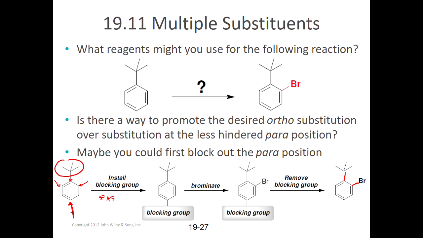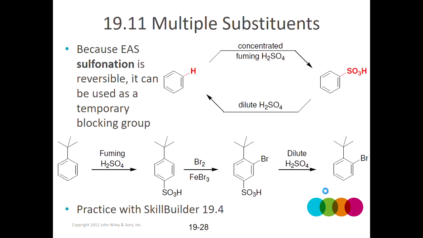Since that's the most likely site for the next reaction to occur, we'd install the group there, then do the bromination so that it can go to the position we want, and then remove the other group, and then we would have our product. Right, so here is a specific example of how to do that.